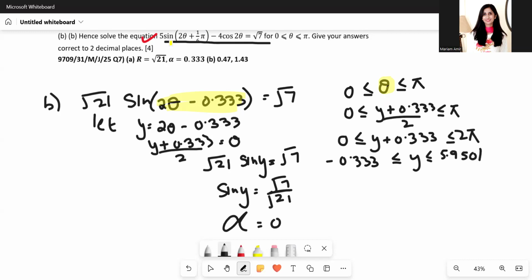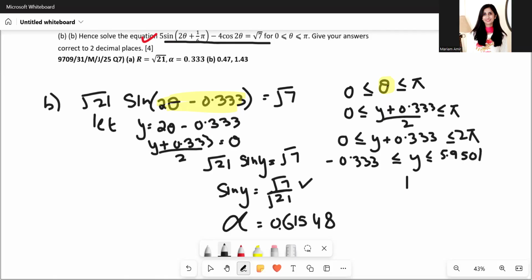Absolute angle is 0.61547. In fact, 48 because there's a 9 after that. So 0.61548. Okay. Now our sine y was a positive value.